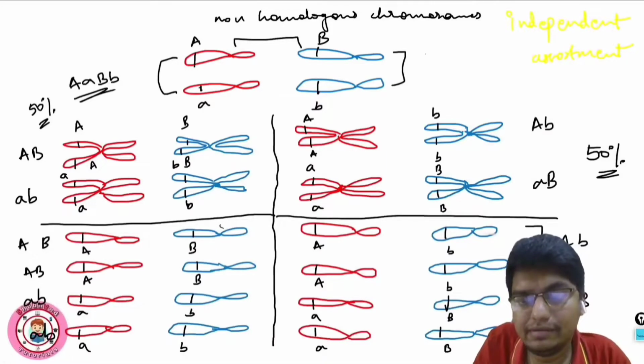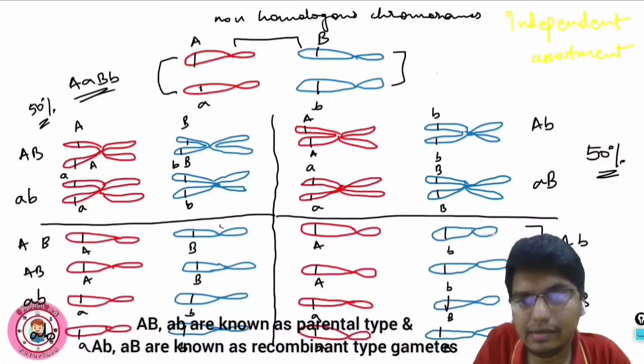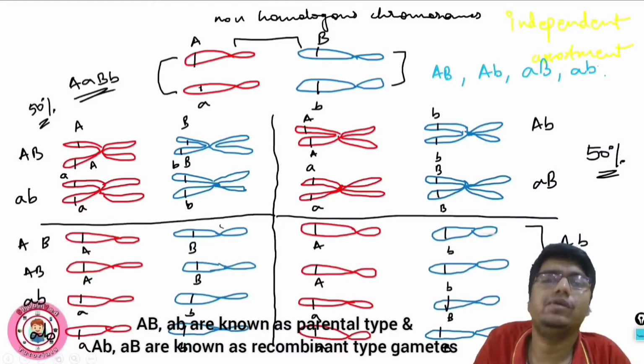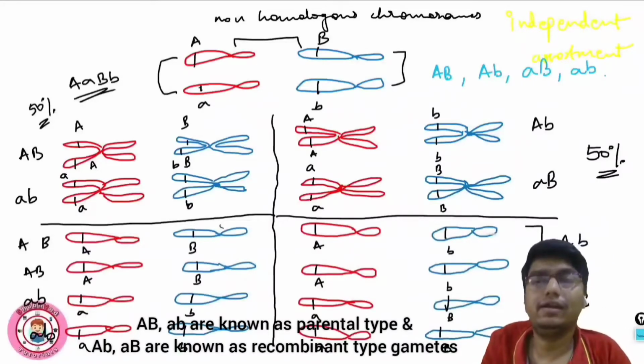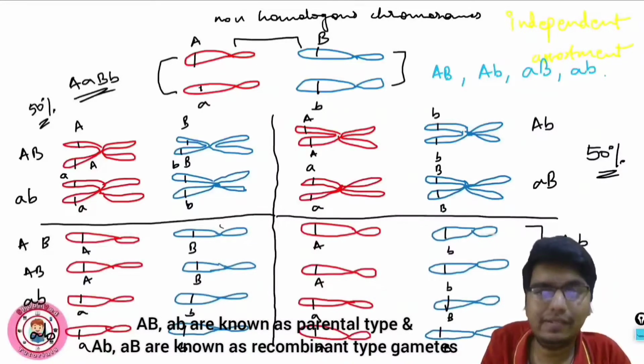What are the gametes? These are the gametes: AB, capital A with small b, right? Then small a, capital B, and then small a, small b. Okay, right? So these are the four types of gametes. So these are located on the two different genes, right? We can also write here.